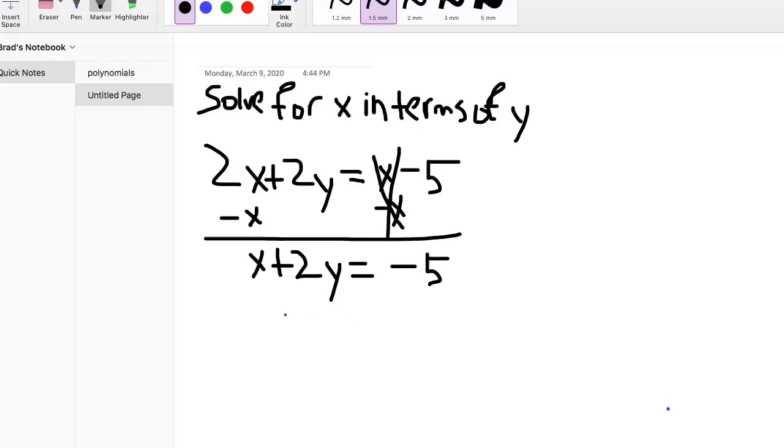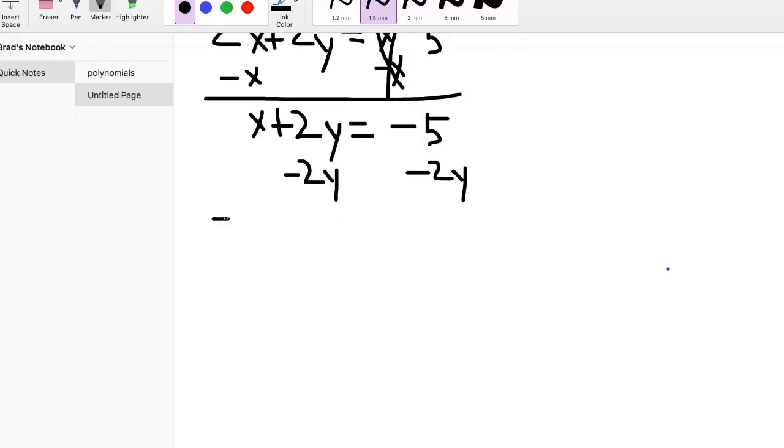Okay, then let's get rid of the 2y. Again, get rid of the 2y. And these guys will cancel. 2y minus 2y is 0.